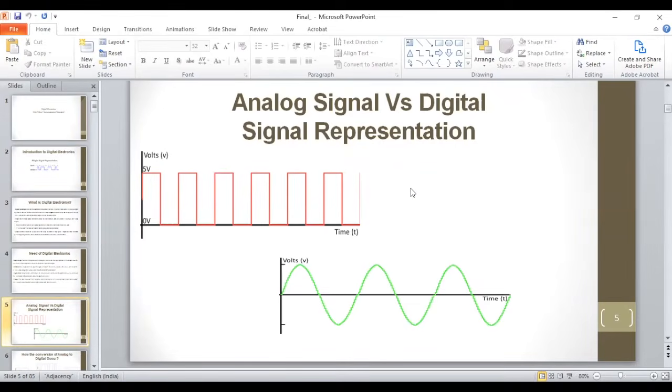In analog, I'm taking a value at every point, but in the case of digital, I'm taking a sample. This sample is very much required for clarity. If your sample is not very clear, then you have a problem.